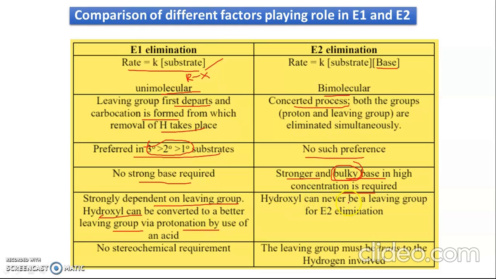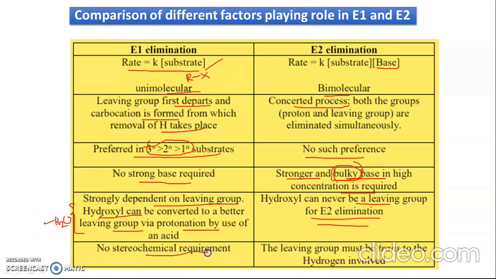But hydroxyl can never be a leaving group in E2 elimination, because in E1, when OH2 plus is removed there is a carbocation formation, but in E2 there is no such thing. That is why this type of reaction, mainly dehydration, removal of H2O, mainly goes through E1 elimination.